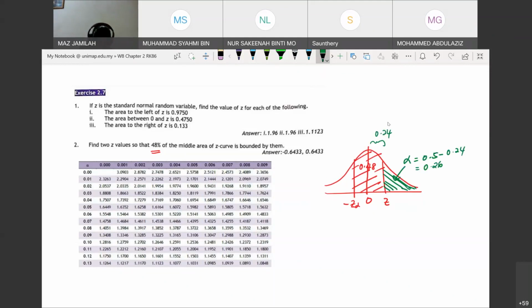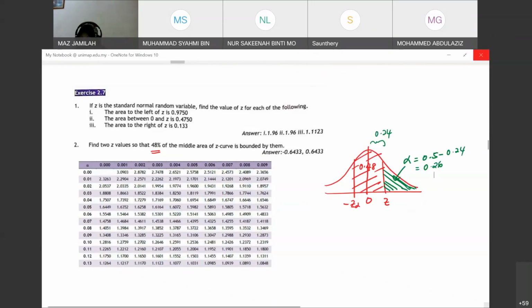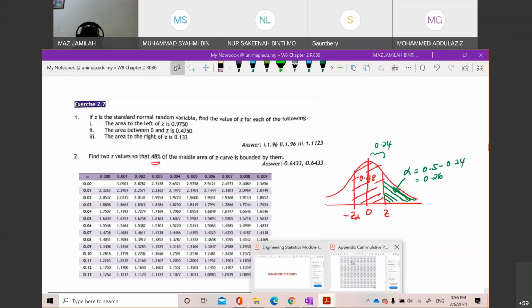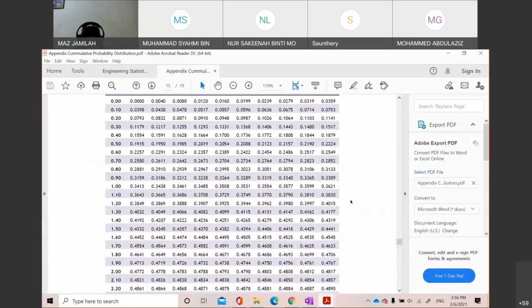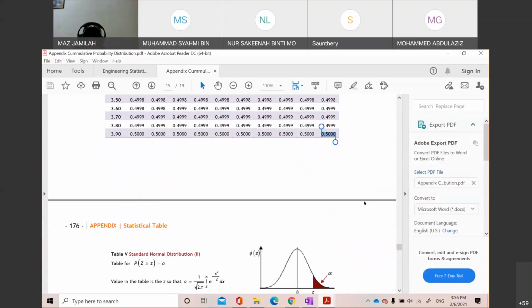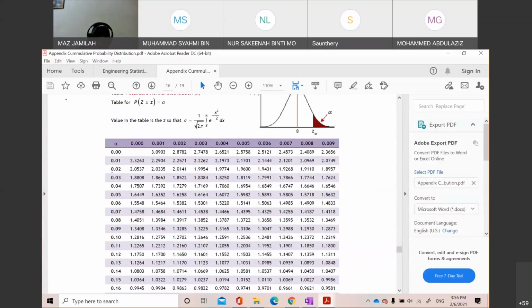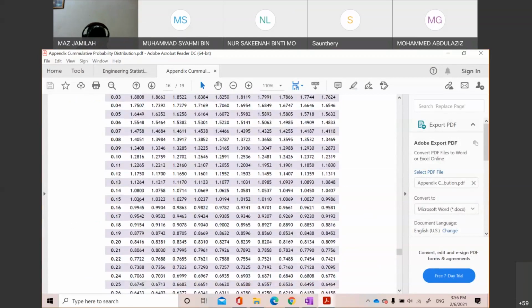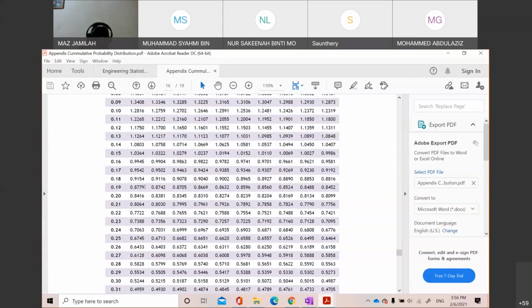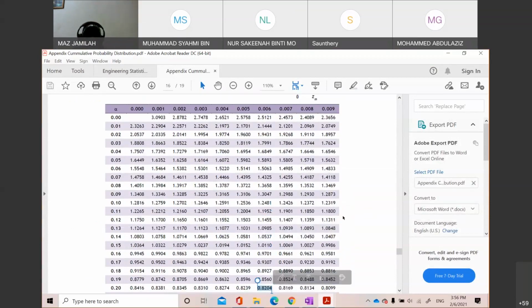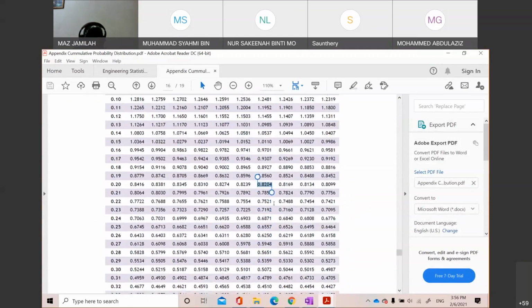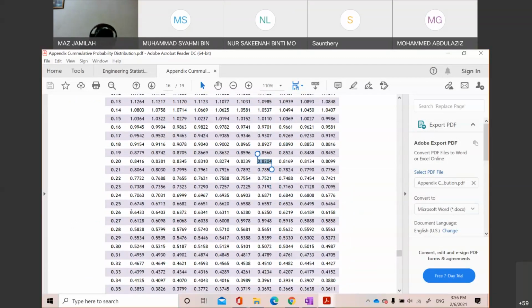So look for 0.26 in the upper tail table. 0.26 is somewhere here.